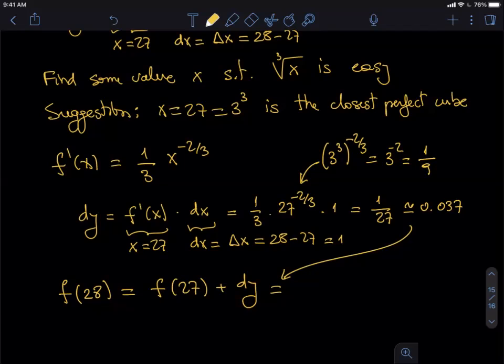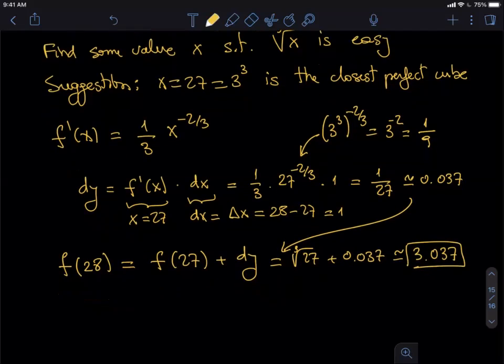So f of 27 is the cubic root of 27, and then plus 0.037. So this is 3.037 approximately. You saw here that I had to divide 1/27, but that was it.